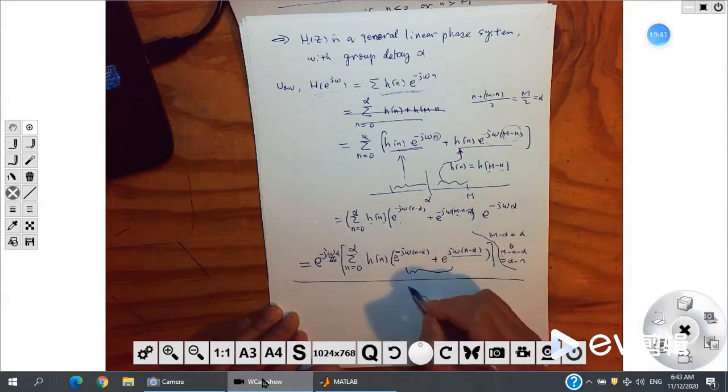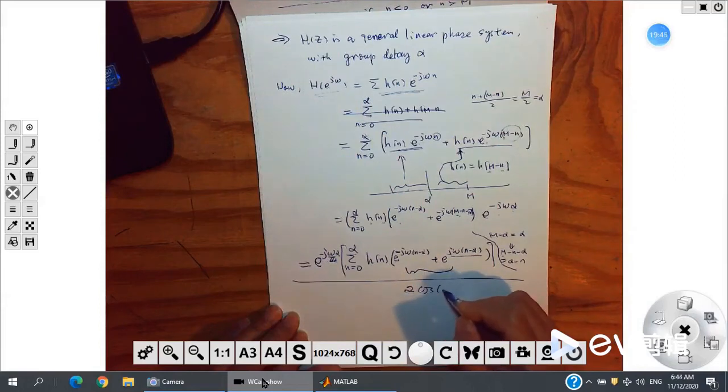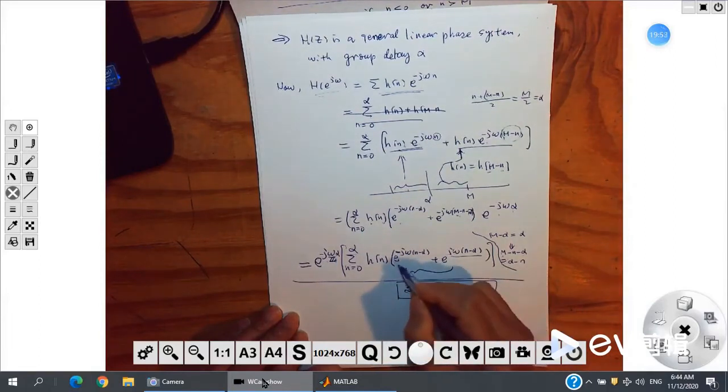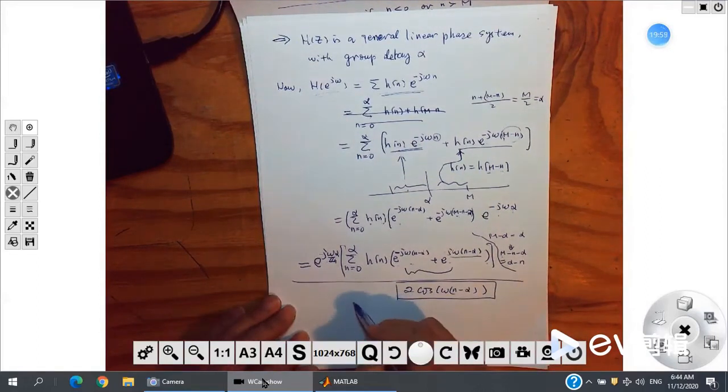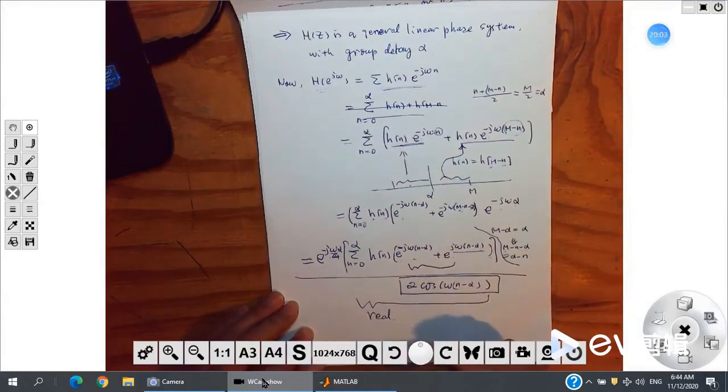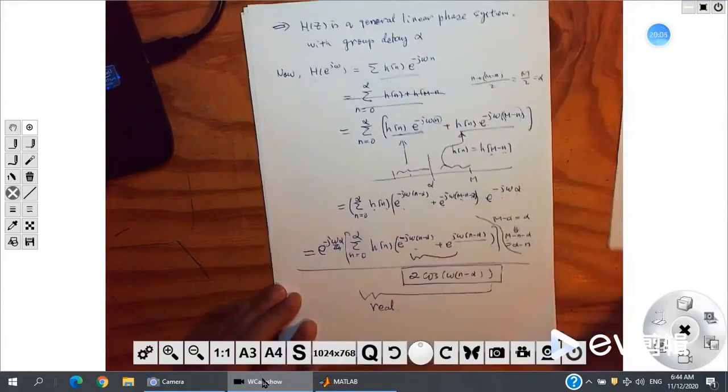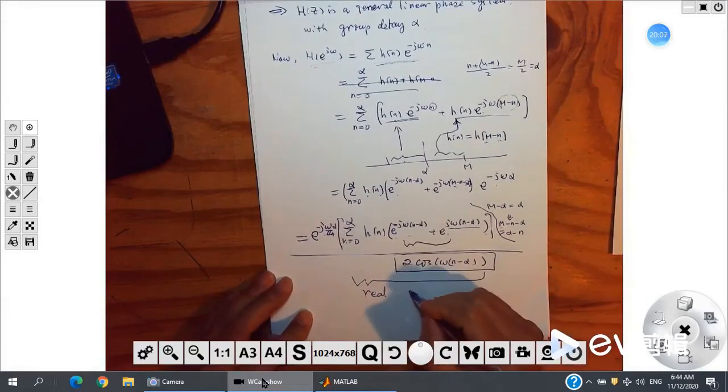So this is just 2 times cosine of omega (n minus alpha). The summation of these two is just this one. So you see, this whole part is real. I denote it as H_r of e to the j omega.